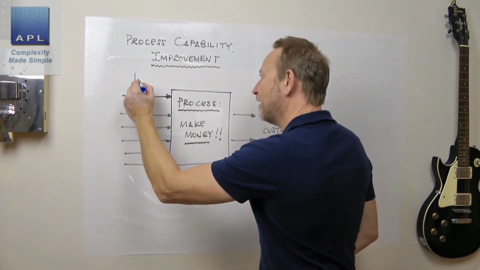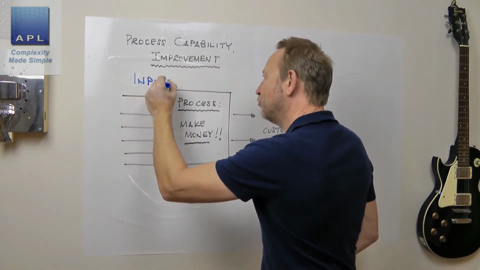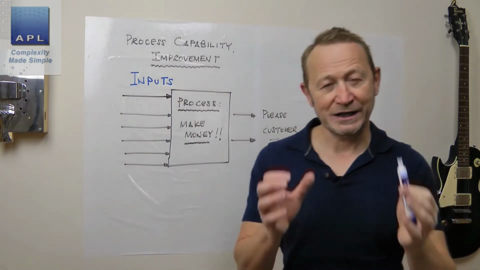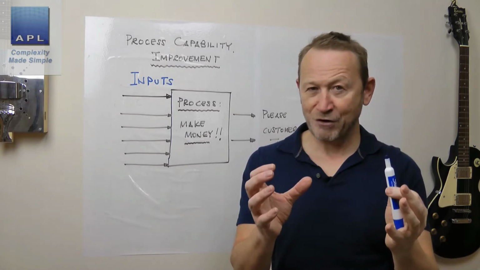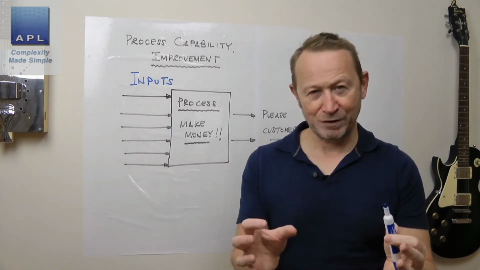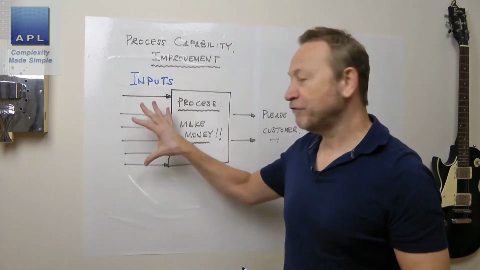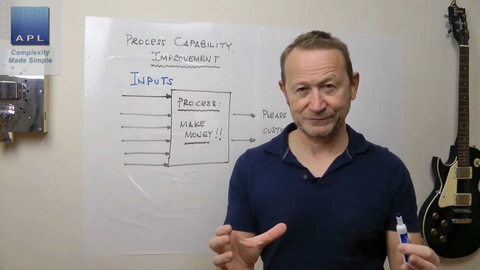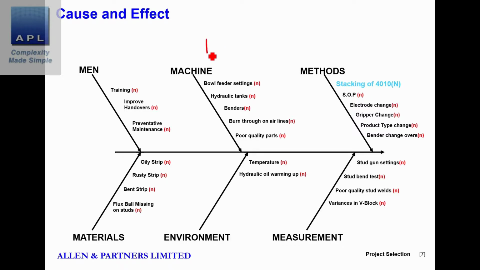What the cause and effect diagram is about is just identifying all the inputs, and it's important all of them are on there. Whether we think they're a problem or not, all of the inputs are on the cause and effect diagram. So this diagram is identifying inputs.